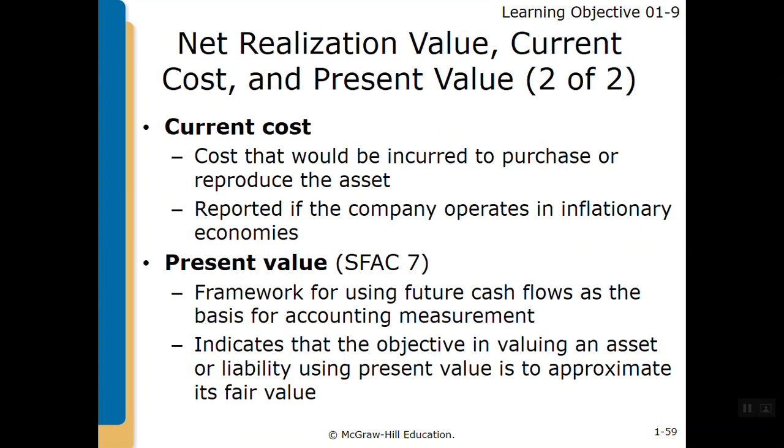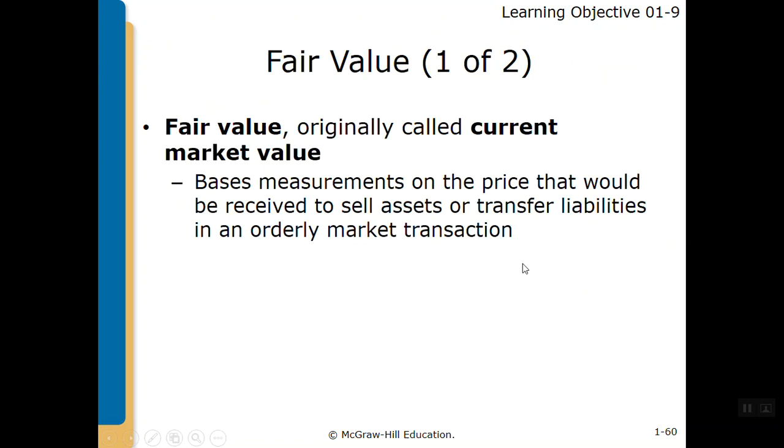So sometimes we report things at the present value of the cash that we're going to see go out in the future. For an annuity, for example, we'll talk about those later in this class, if we have an annuity that we're paying out over the course of 10 years, we're going to record that at the present value of those payments. And then fair value or current market value is just based on the market value of an item at a particular time.